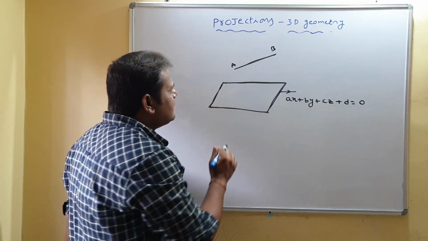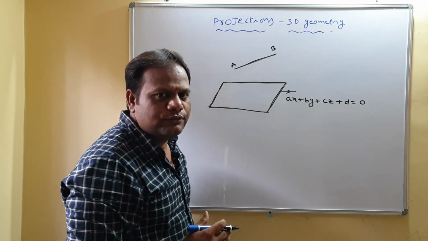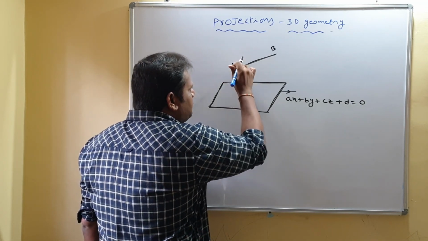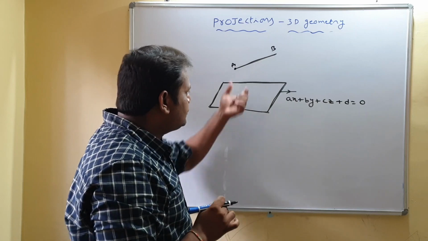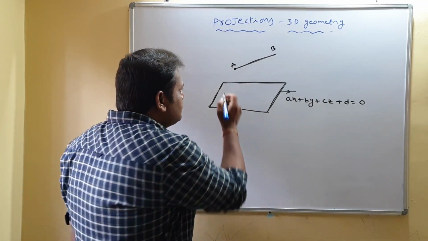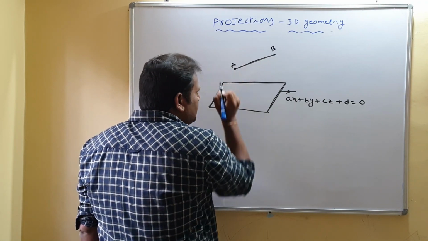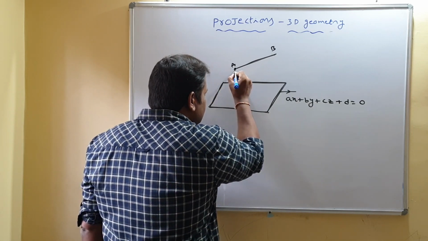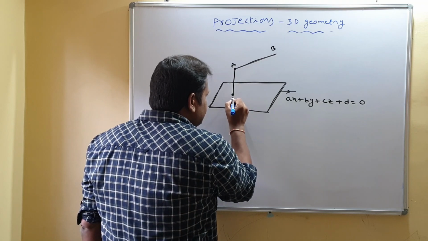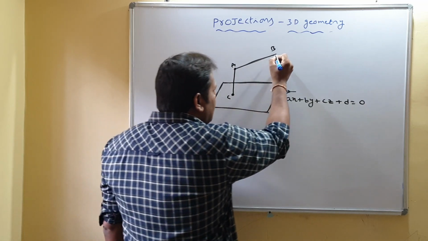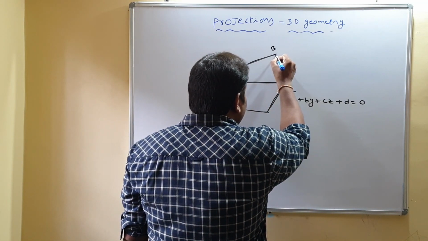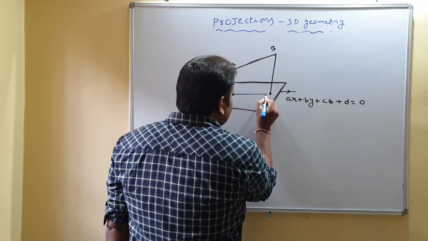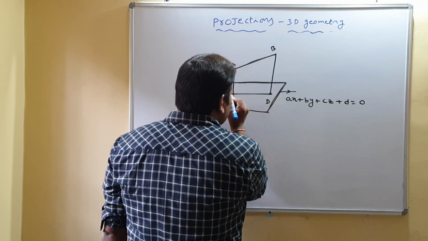To get the projection, we drop a perpendicular from the points on the line to the plane. Drop a perpendicular from A to the given plane and name it C. Drop a perpendicular from B to the given plane and name it D. Now we have to find the line CD.